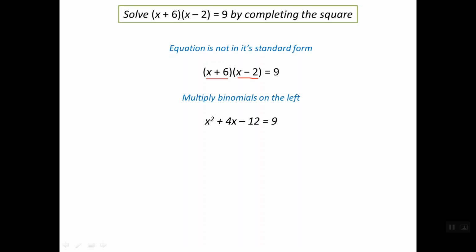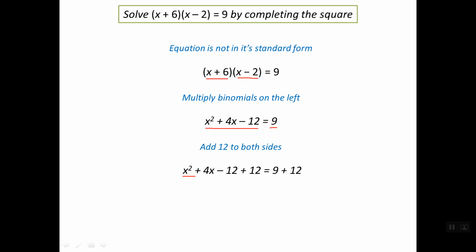So we get x squared plus 4x minus 12 is equal to 9. Again, this equation is not in its standard form. We need to keep the x terms alone in the left side and the constant to be on the right side. So simply we can add plus 12 to both sides.